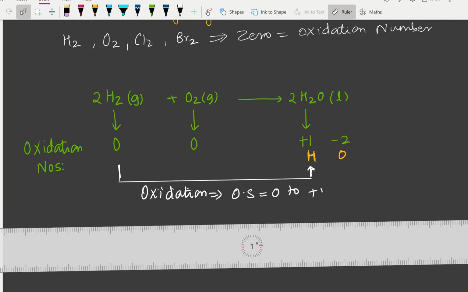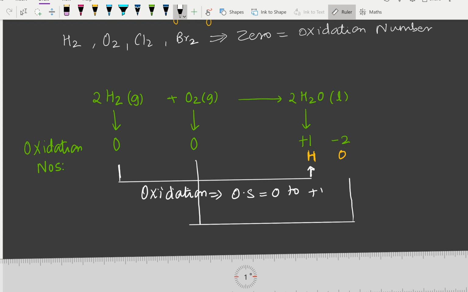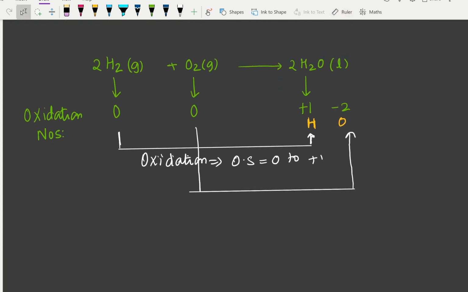Now what about oxygen? If you see the state of oxygen, what has happened to oxygen? It has gone from being 0 to -2. So -2 is less than 0 if you see that way. So in that case, the oxidation state has decreased. So this is obviously reduction.